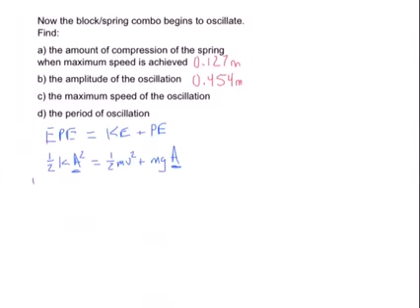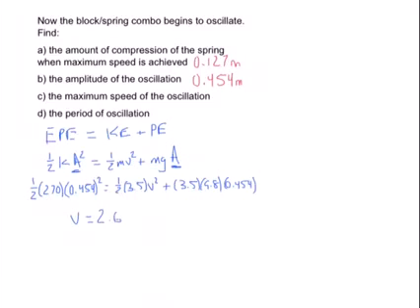I have 1/2 times my k, which is 270. Amplitude I found to be 0.454 meters in the last step. That gets squared. That equals 1/2 times 3.5 kilograms times v squared, my variable, plus 3.5 times 9.8 times, again, my amplitude 0.454. I solve this for my velocity, and I find my maximum velocity should be 2.65 meters per second.